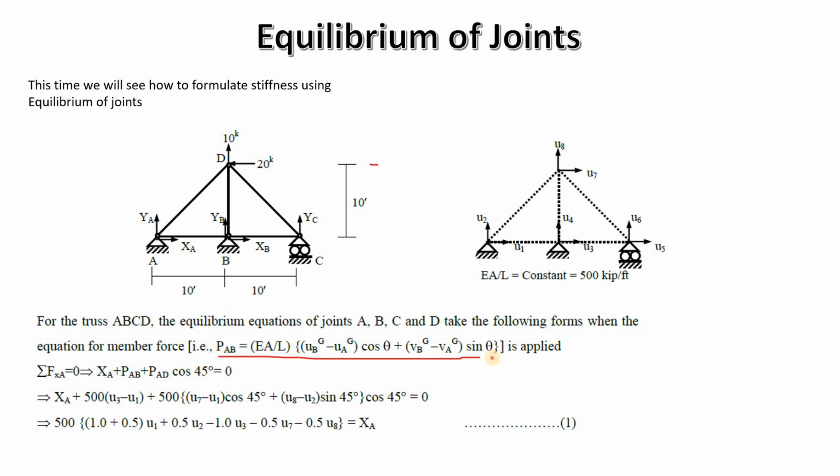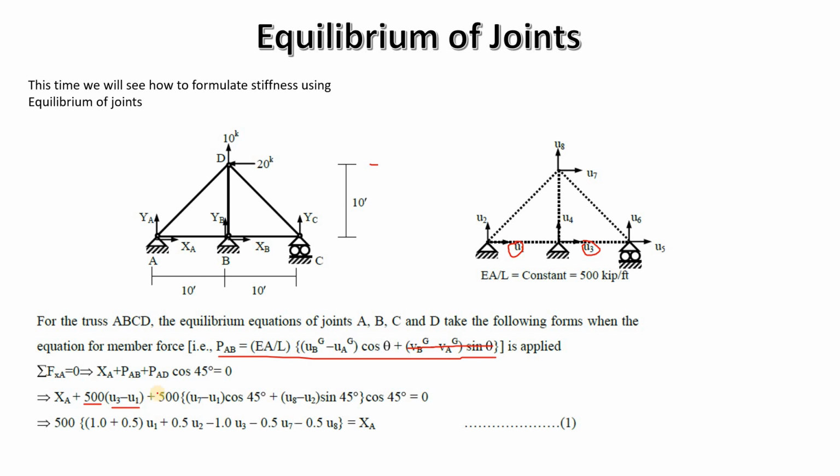Since the AB member is at 0, the theta value for the AB member is 0, then sine theta is 0. That means that this portion is not going to be there for PAB. So here we have EA by L, which is 500. Right after that we have UB minus UA, which is U3 minus U1, because this right over here is U1 and this is U3.